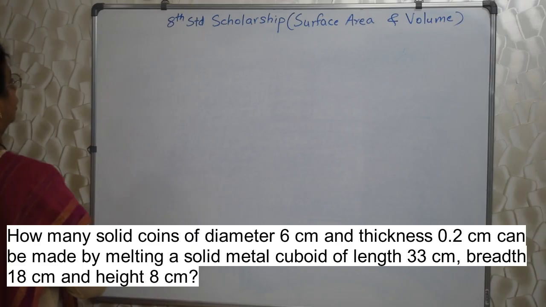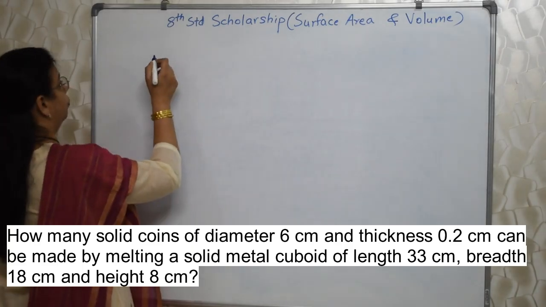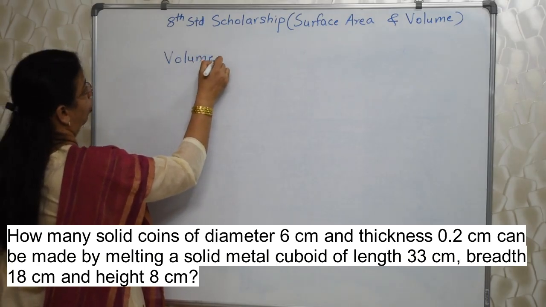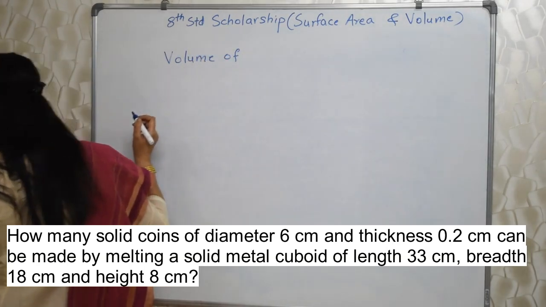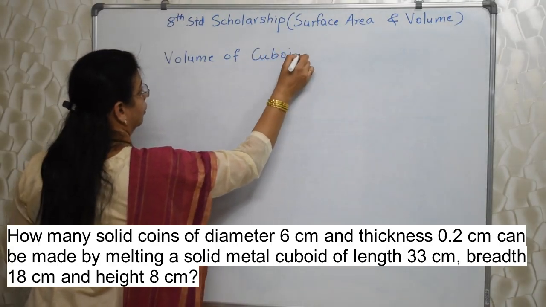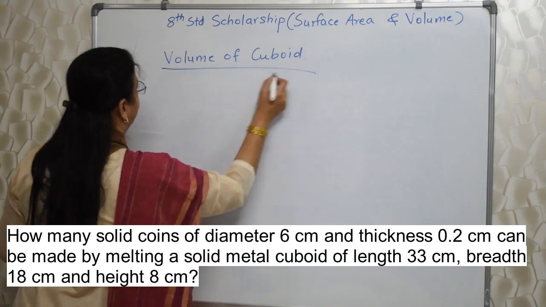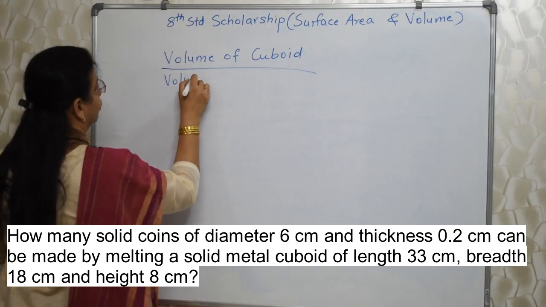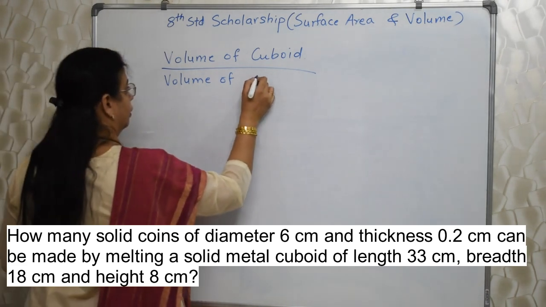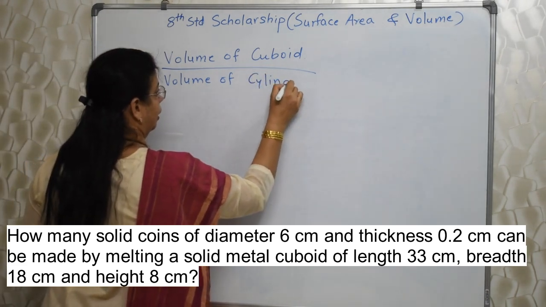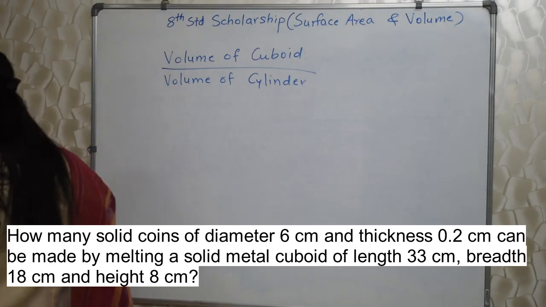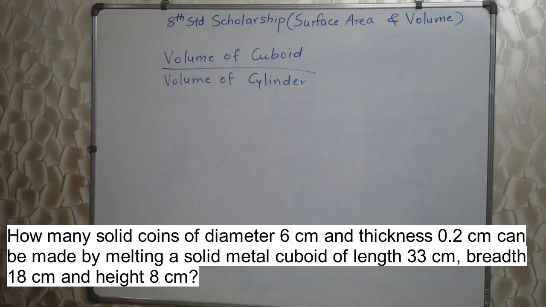See here, we need to find out the volume of that cuboid, that bigger cuboid, and volume of cylinder. Why cylinder? Because those coins, if you observe, they are in cylindrical shape.